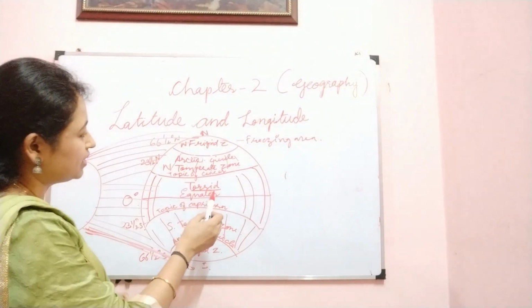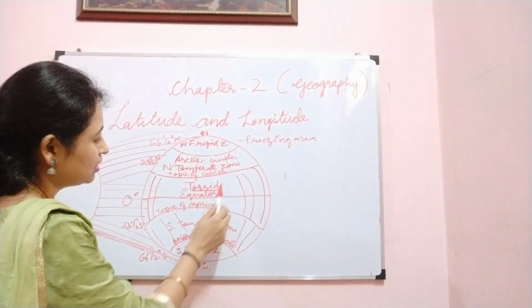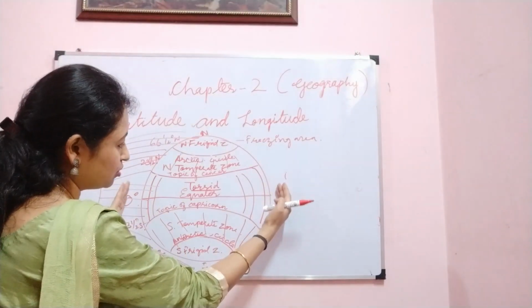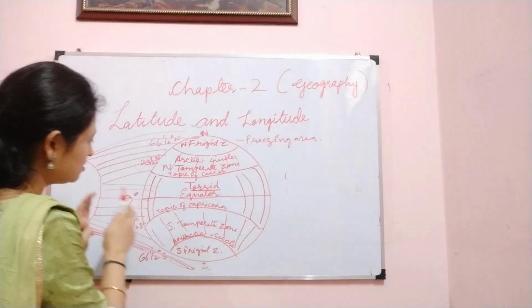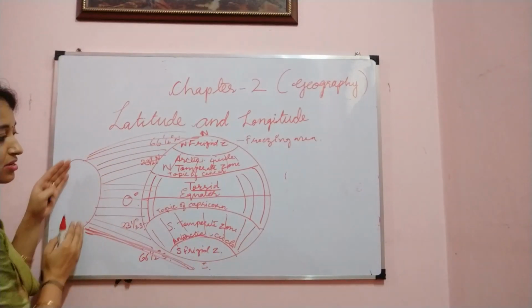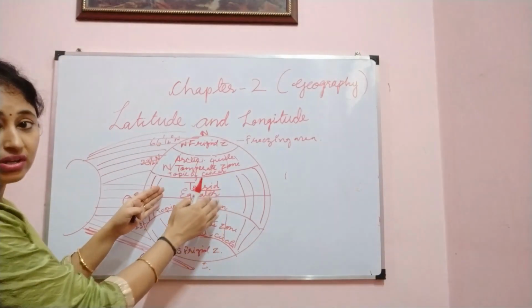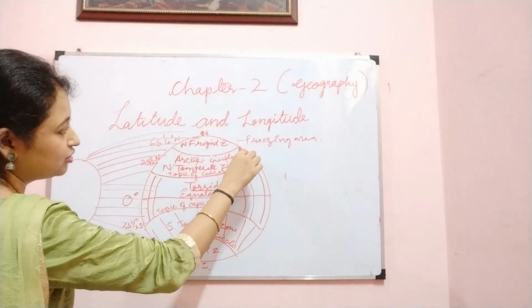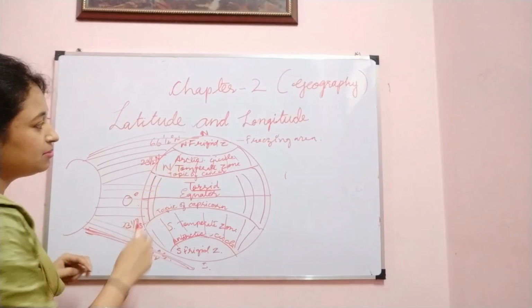First we have taken the temperate zone. This is the torrid zone which we talked about earlier. This area receives the maximum sunlight because the sun is always directly on their head during noon time. These areas, from here to here, have moderate temperature.